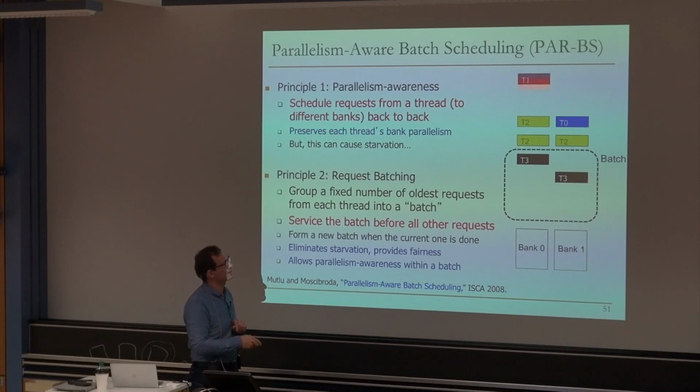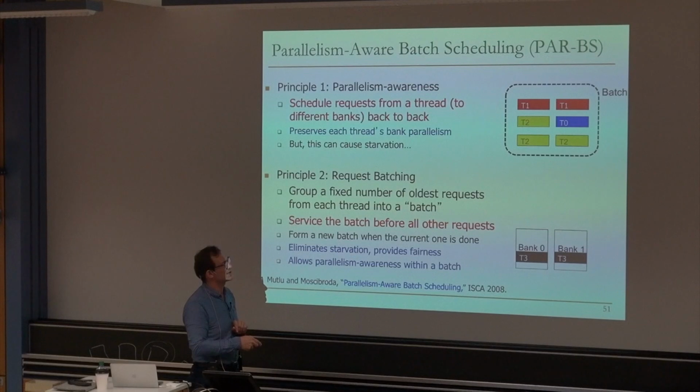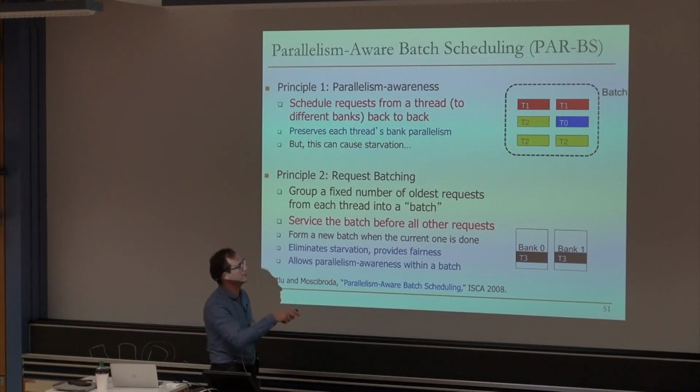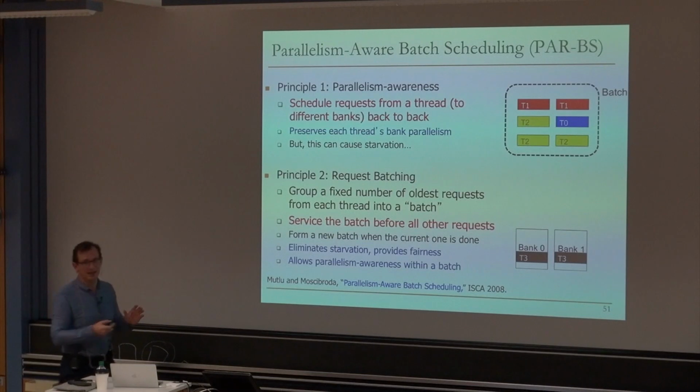And then it takes thread 3's requests and schedules them. And once this batch is done, once there is nothing left in the batch, it forms a new batch. And as you can see, there are thread requests that are already waiting, and that's how you naturally form the batch. So that's the idea at a conceptual level.